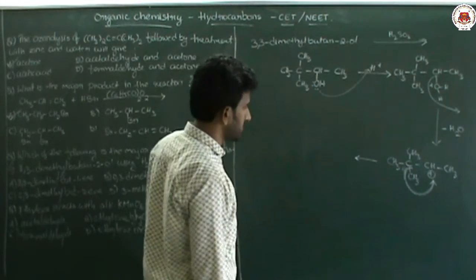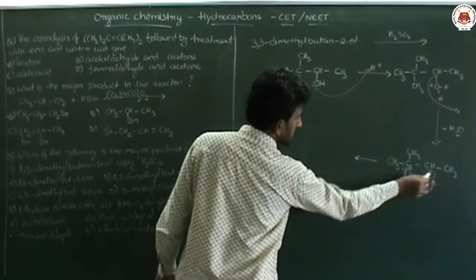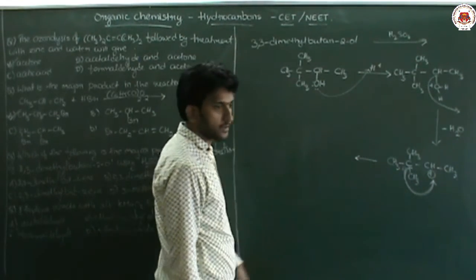The methyl group is migrated from here to here. Why? To get a stable cation.